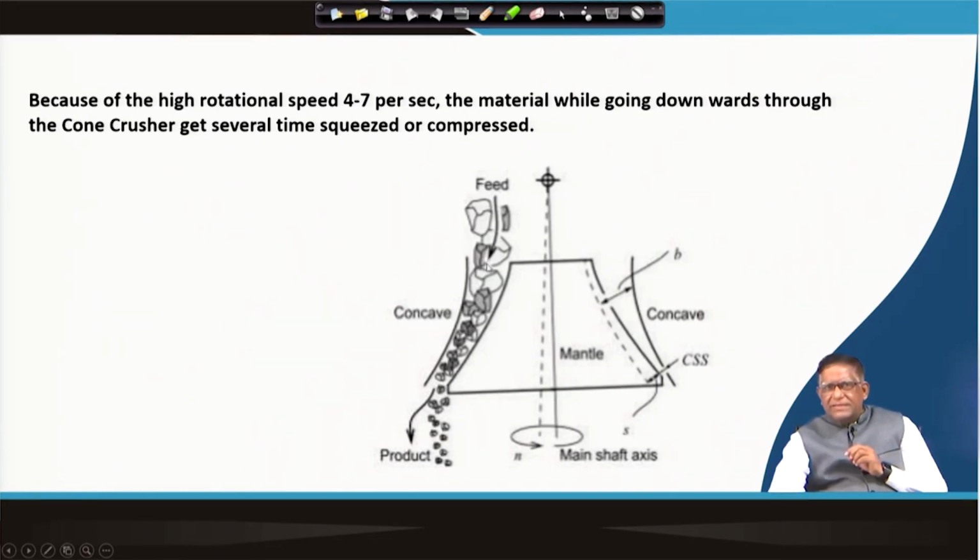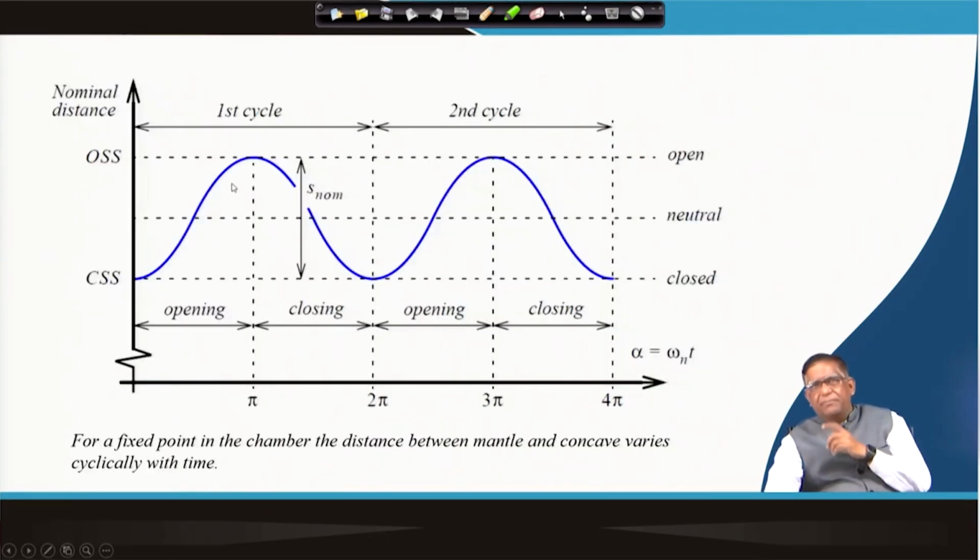The bigger particle comes in and slowly gets pressed, and that pressure goes on continuously increasing until the material breaks. While breaking, material-to-material attrition is also taking place, and the compressive force is also coming up. In this way, your crusher will break the rock.